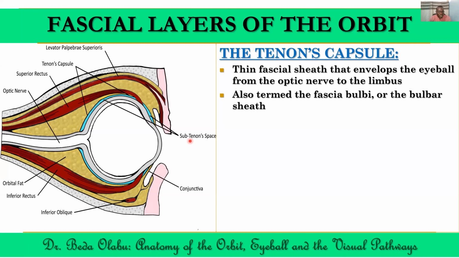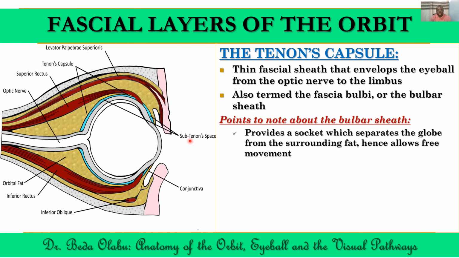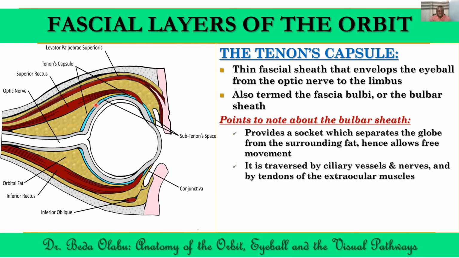And that space, we call the subtenon space. Now, a point to note is that this fascia provides a socket which separates the globe from the surrounding fat. Because of that, it allows free movement of the eye. So even though the fat is not moving, the eye can move within that particular socket.